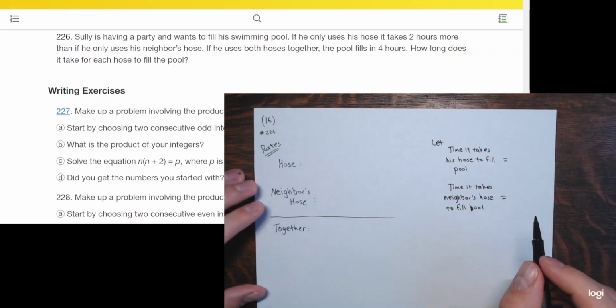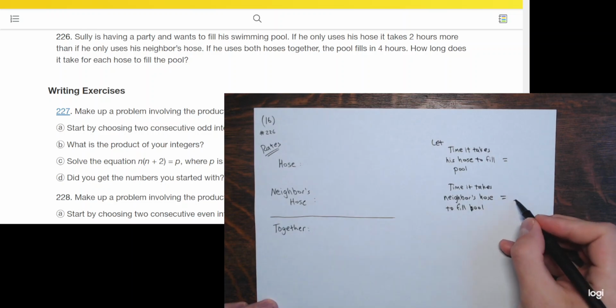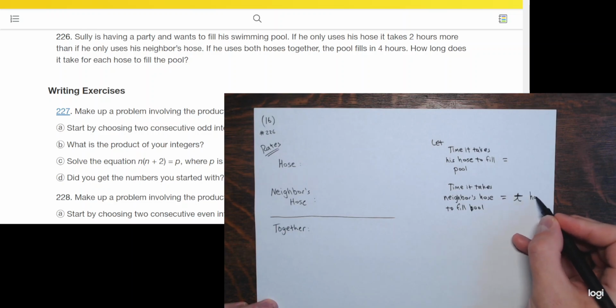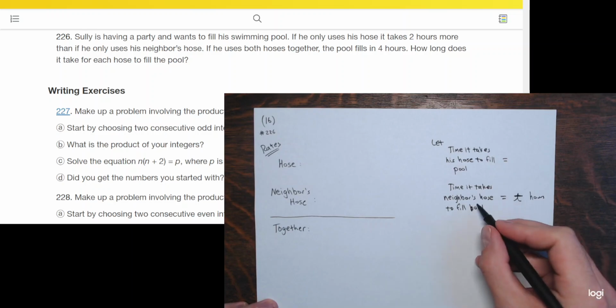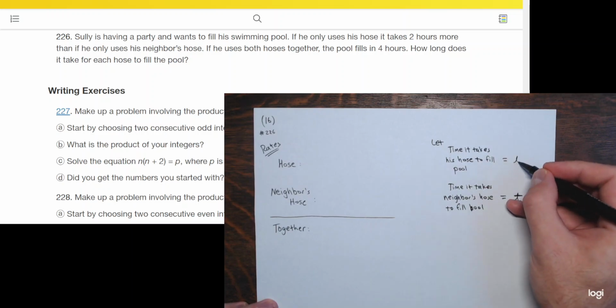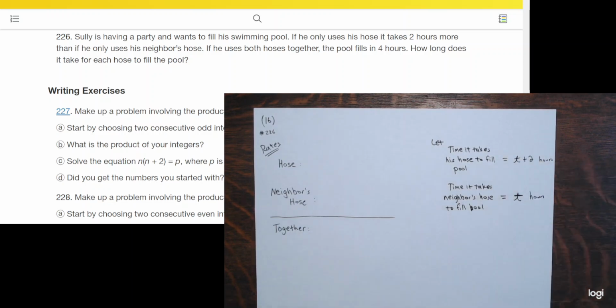Now they told us that if he uses his hose, it takes 2 hours more than if he only used the neighbor's hose. So if you use the neighbor's hose by itself, let's call that T. So say it takes T hours to fill the pool with the neighbor's hose. Then it would take T plus 2 hours to fill the pool with his hose, because it takes 2 hours more. I hope that makes sense.